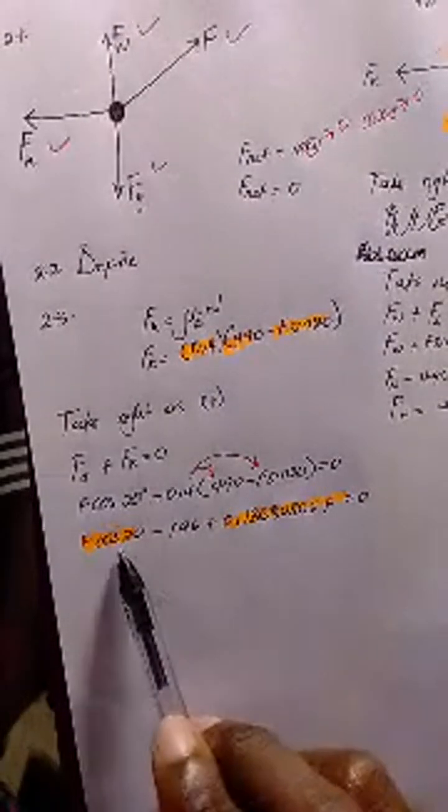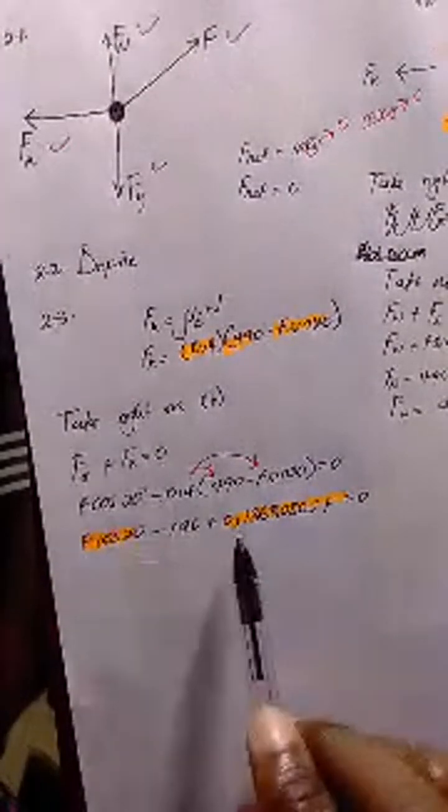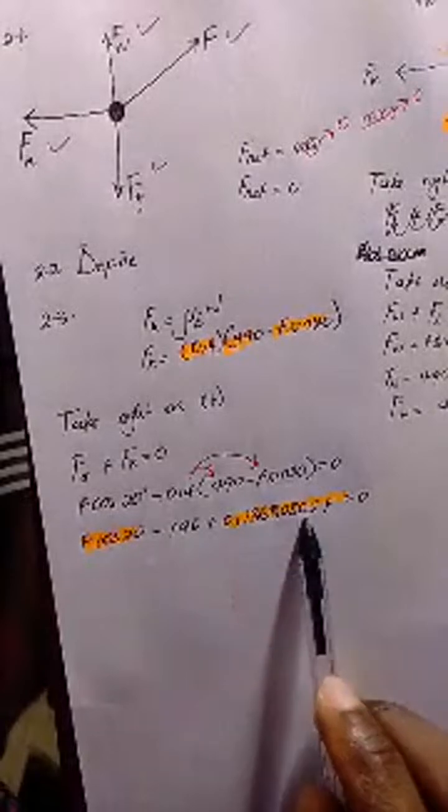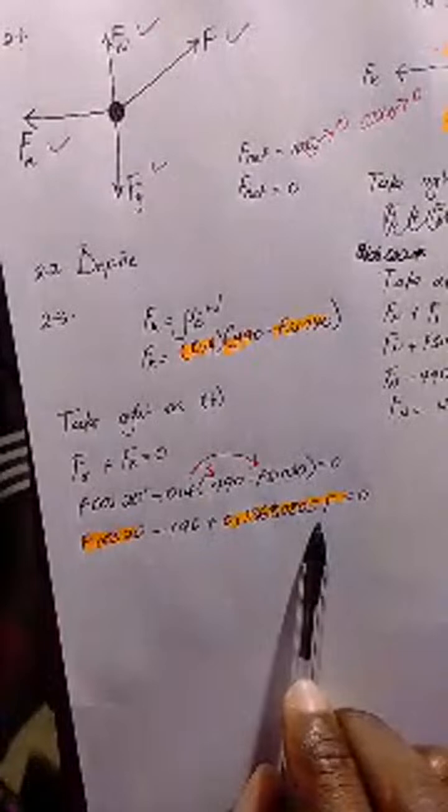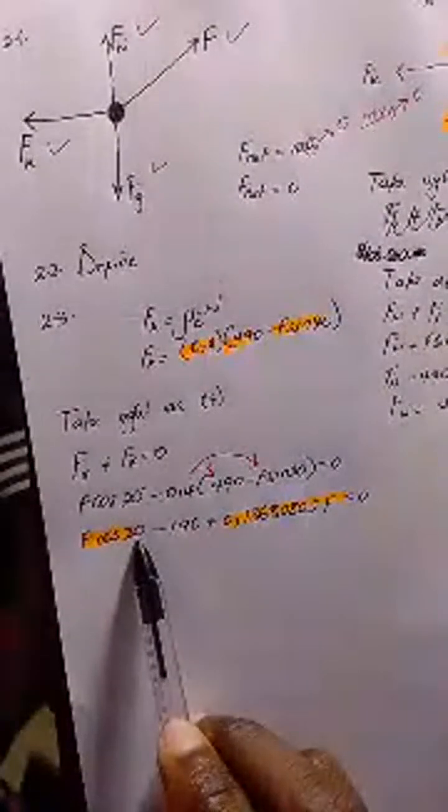We need to add them together. So you are going to say cos 20 plus 0.136805, because they are like terms.